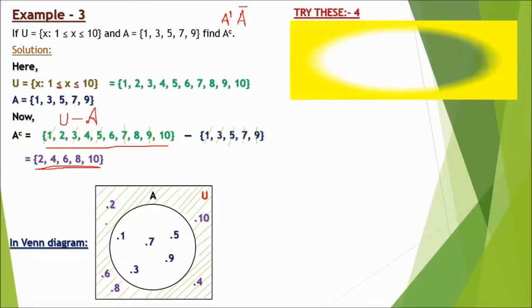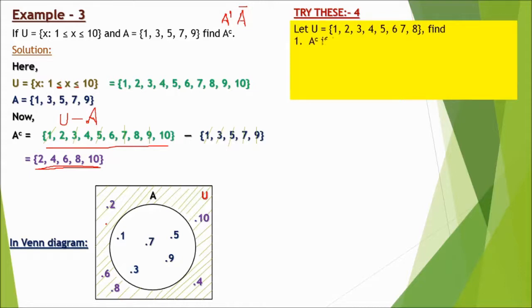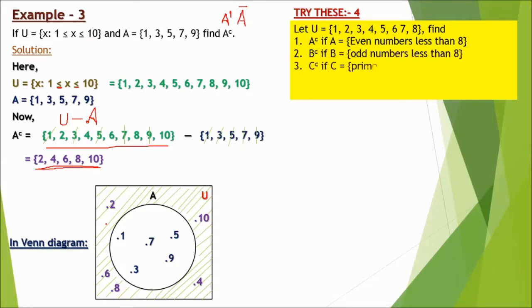There are 4 questions, and for each and every question you have to show it in a separate Venn diagram. There is a universal set, and I think you haven't forgotten that to find the complement of each and every set, you need the universal set.